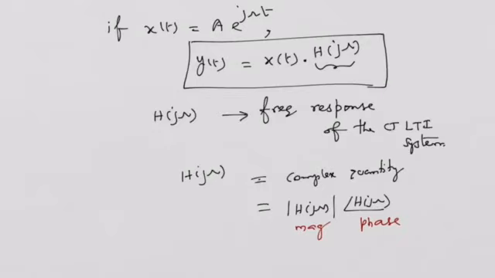H of j omega is given by this, whereas H of j omega can also be expressed as a sum of real component and imaginary component. Everybody knows about it. The magnitude function, for example, modulus of H of j omega is equal to the square root of H of j omega into H asterisk of j omega.